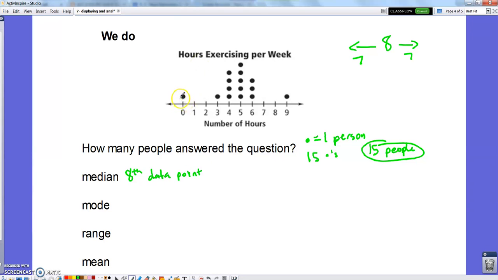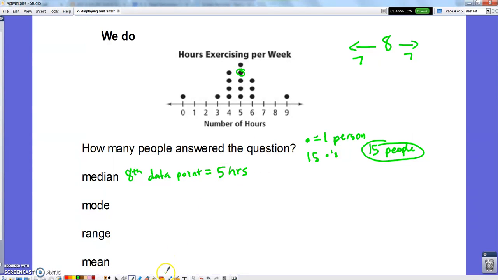They're already in order least to greatest, so that's super nice. 1, 2, 3, 4, 5, 6, 7, 8. So the 8th person is right there, and they are 5 hours. So the median is 5 hours. Half the people exercise 5 or more hours. Half exercise 5 or fewer hours.